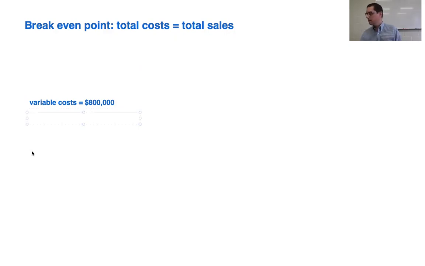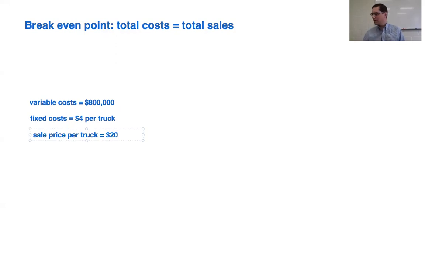They've got fixed costs of $4 per truck that they make and sell. And their price per truck is $20. So sale price per truck is $20.